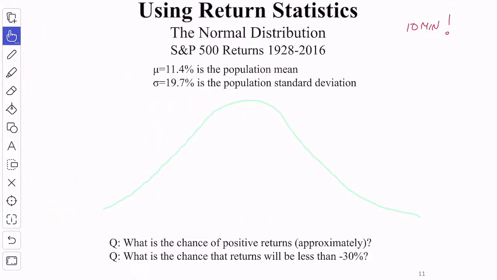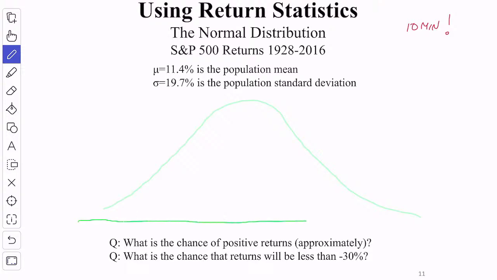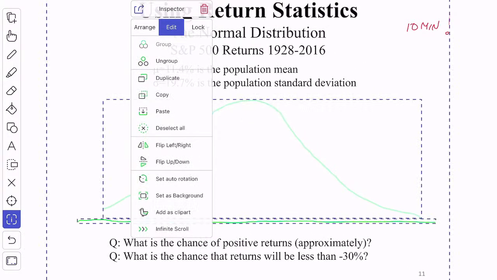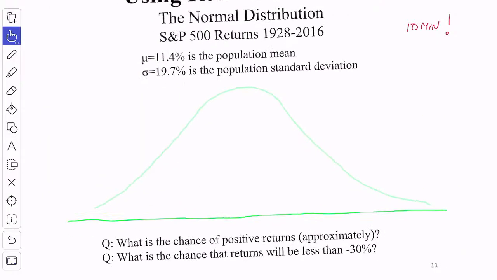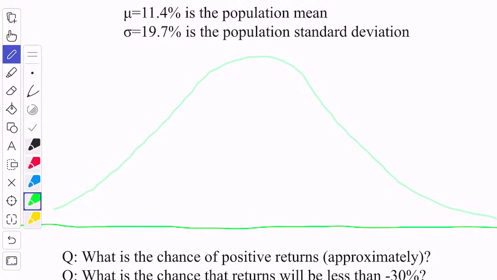And that's my roughly normal distribution, and I plot, I'm in the middle, I have 11.4%.